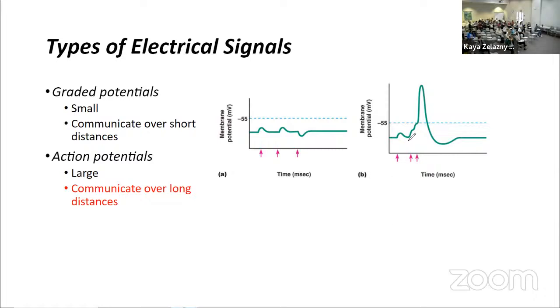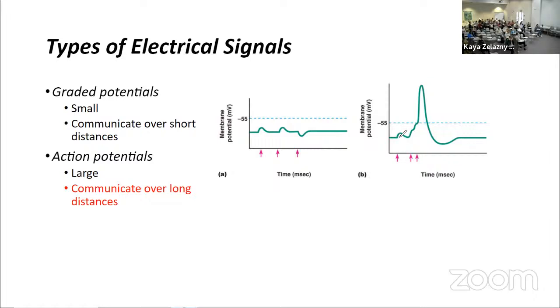This is the membrane potential change that your neuron uses to flood the entire neuron, in a wave form, kind of like hitting a stack of dominoes, going all the way down the axon to the axon terminal, so that we can send a signal to the next cell. So it's large, and it communicates over long distances. It's going to go all the way down the axon, that long skinny part of the cell, and it's going to be very consistent in what it looks like.